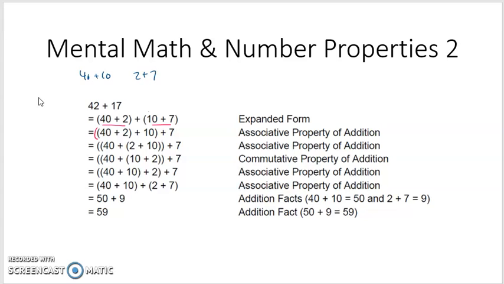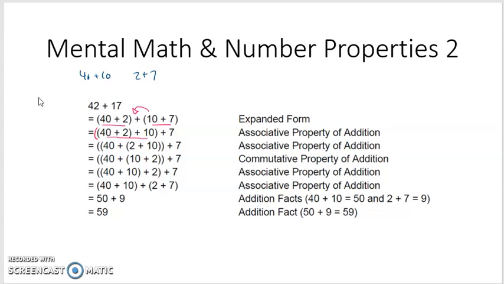So what I do is I associate the 10 with the 2, plus 7. So that's the associative property. Now I'm going to group within this bracket here, I'm going to group the 10 and the 2. So that's again an associative property. 40 plus 2 plus 10 is equal to 40 plus 2 plus 10. So that's the associative property again.